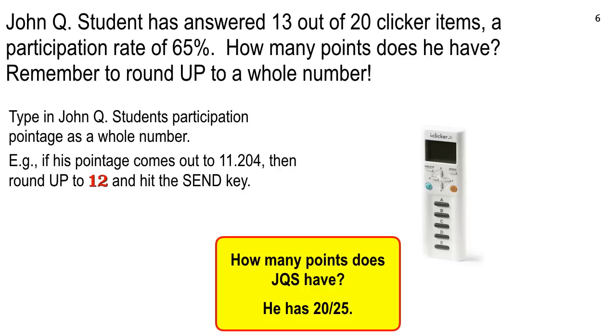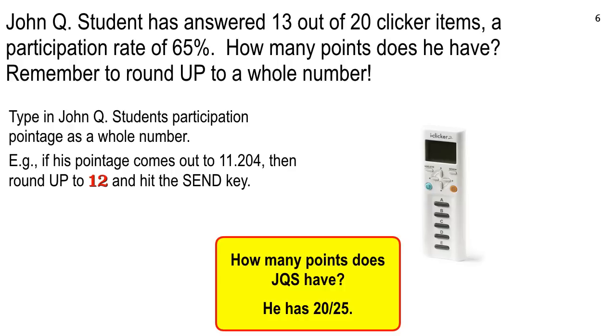But let me just point out to you that every time I publish your clicking roundup, and I'll do it 3 or 4 times this semester, you'll be able to recalculate your clicking percentage in this way. First, start with your percentage. Your participation percentage. How many did you answer out of how many? 13 out of 20 or whatever it happens to be.